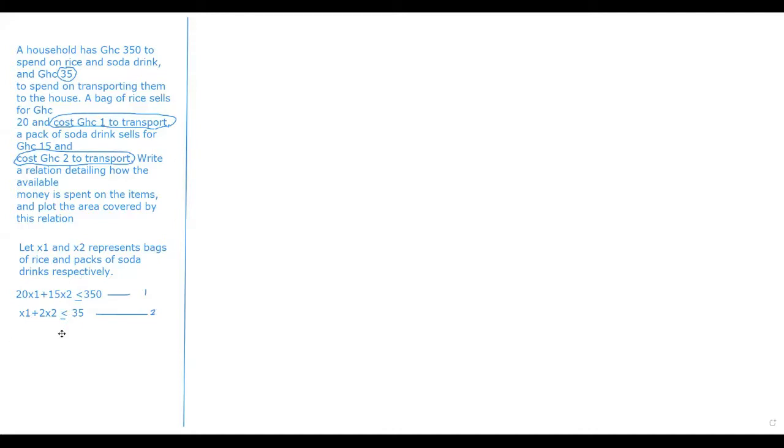So for equation one, let's represent x1 with 0 to find the value of x2. What will be the value of x2? We've done this, so just work it for me.